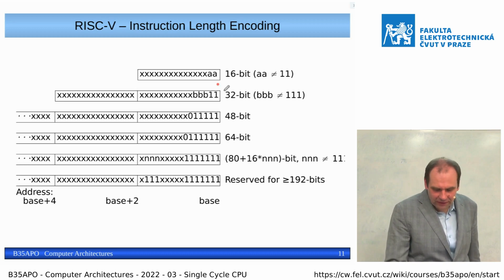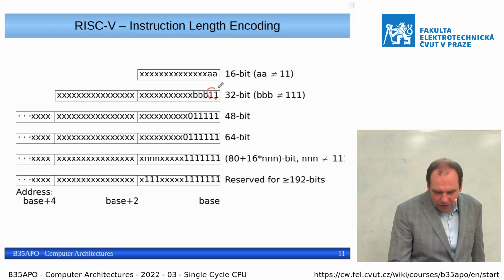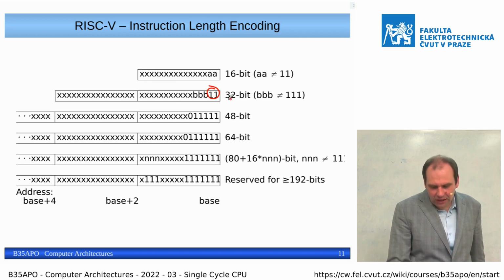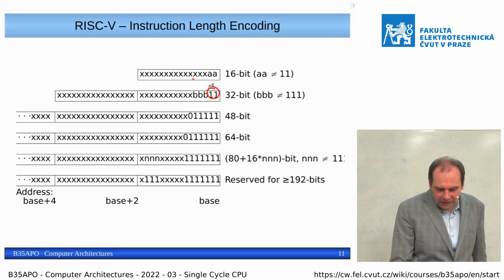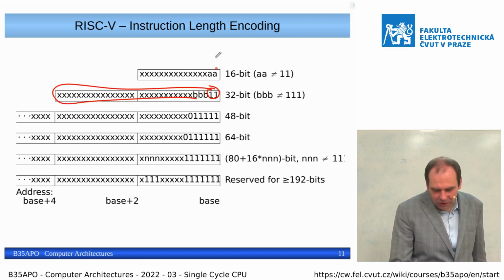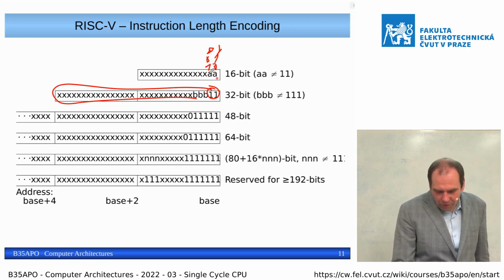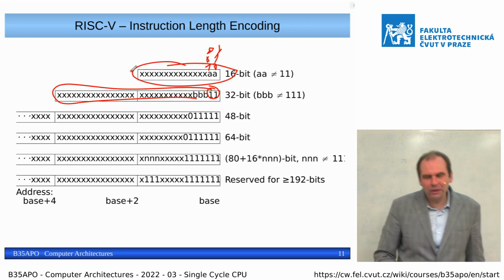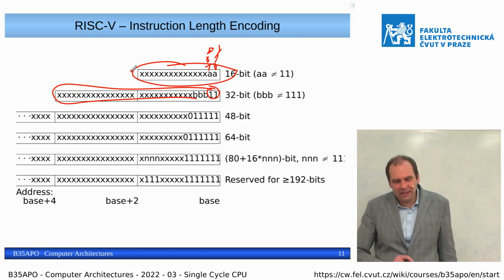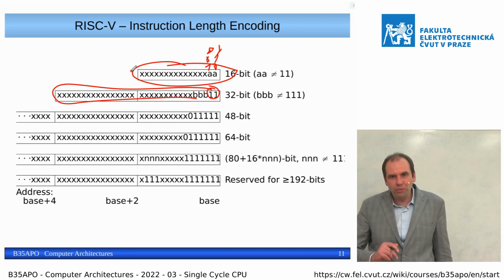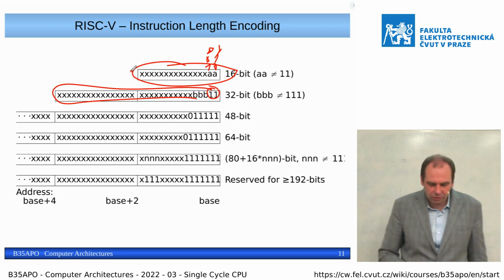RISC-V defines that if the two least significant bits of the instruction are 1, then it is an instruction which is at least 32-bit encoded, and it reserves the other combinations for instructions which are encoded as so-called compressed aliases to the most used instructions in the code.